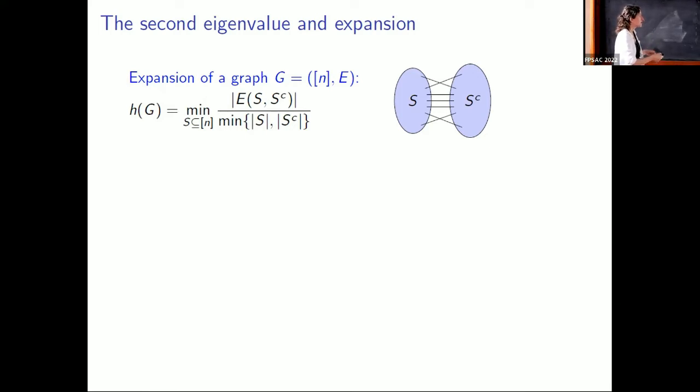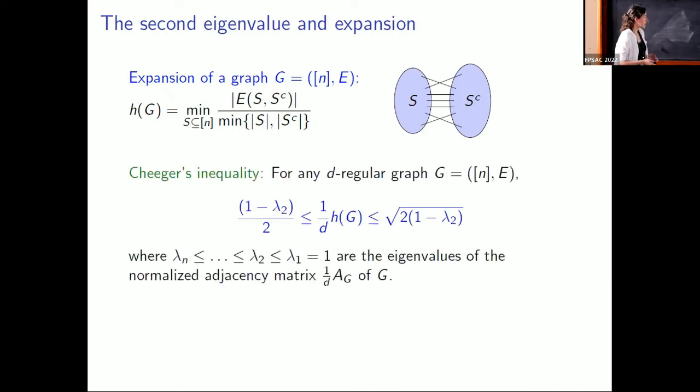If I look for bottlenecks in a graph, I will take the minimum over all subsets of this quantity. And it's well known by Cheeger's inequality that if I have a regular graph, the expansion of a graph can be bounded in terms of the second eigenvalue of its adjacency matrix.